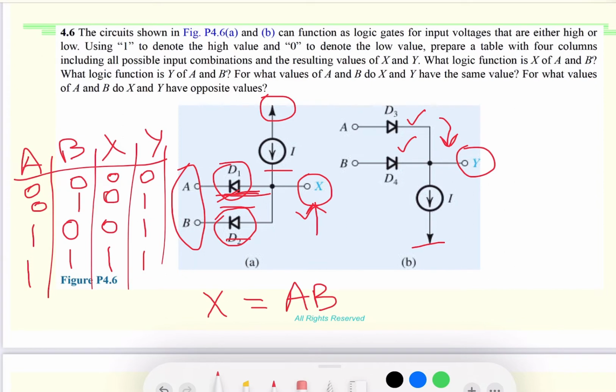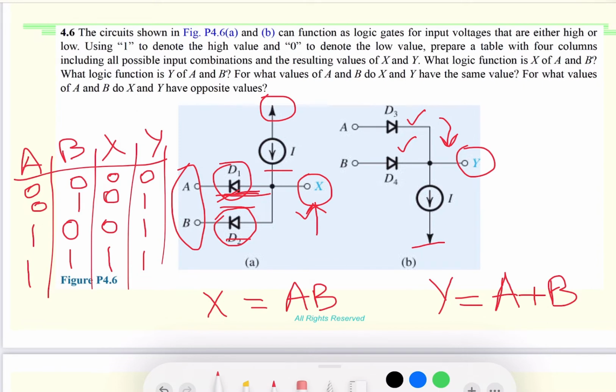So this is an AND gate. Now if I look at Y, how do I define Y? If any of them is 1, the outcome would be 1, which means either A or B has to be 1. This is then what you call an OR gate.